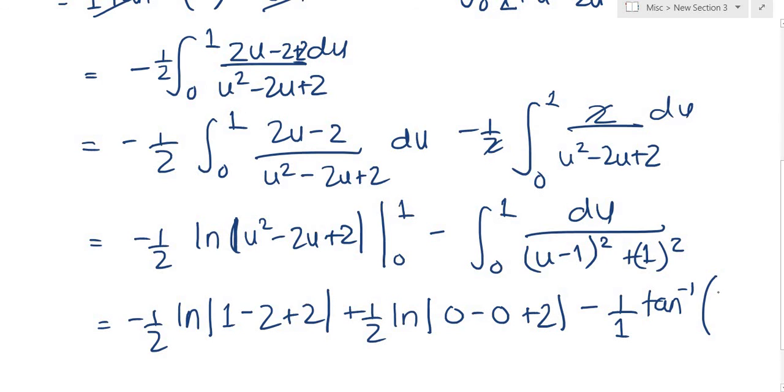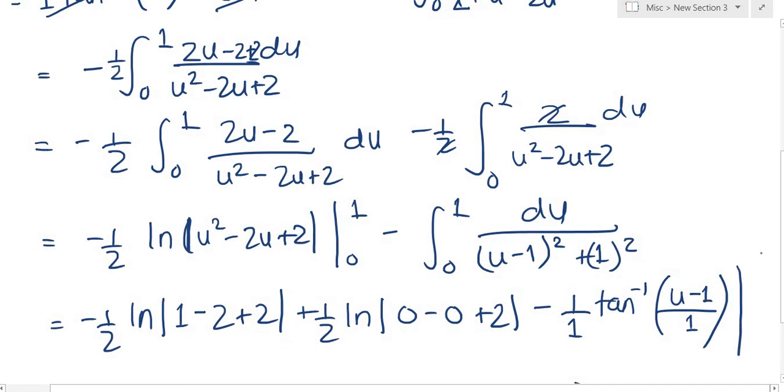Can be any linear variable. So here it's u minus 1 over this number that was squared, so 1. Because if we had a 3, we would write this as a root 3, the whole thing squared, and then we would have 1 over root 3 times the inverse tangent of u minus 1 over root 3. So I hope I'm making sense there.